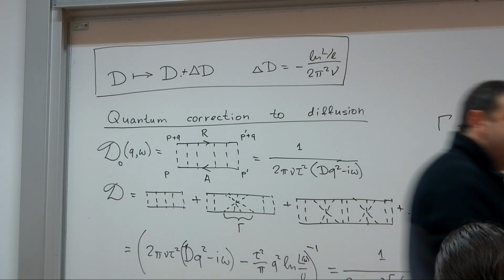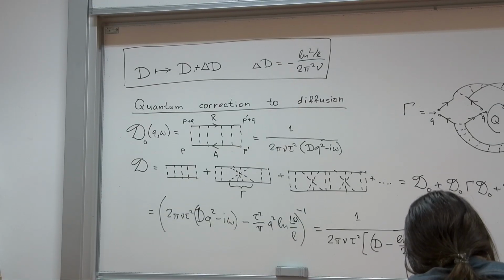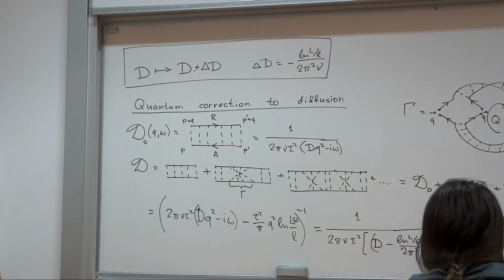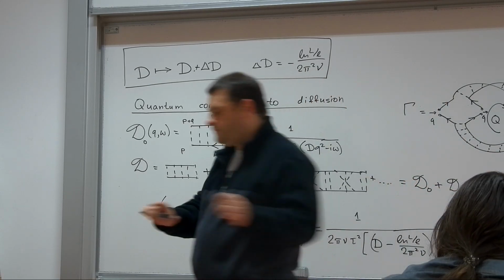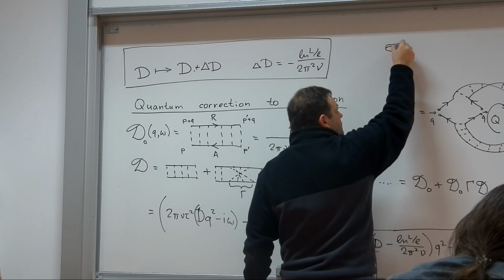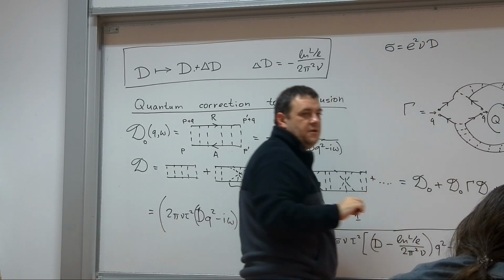Okay, please. You said 7 minutes ago that we're now doing quantum correction to diffusion, now we know quantum correction to conductivity, we know Einstein's relations, so maybe we can use just... This is a good point. I will answer right now. Conductivity, according to the Einstein relation, is e squared nu times D, right?